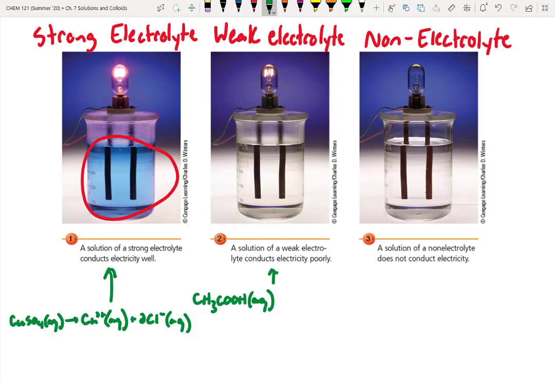So it might do a little bit, and to show this, oftentimes we do this double-headed arrow, where on the top we might have a little arrow going that way, but most of it wants to stay over on the original starting side. These are called equilibrium arrows. And it could, in theory, react to form some anions that are aqueous, plus some protons that are aqueous. But in reality, we're not going to form very many of them.